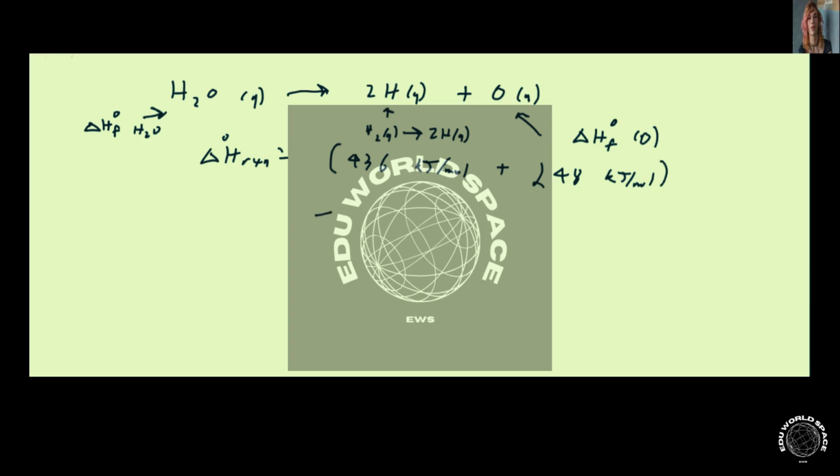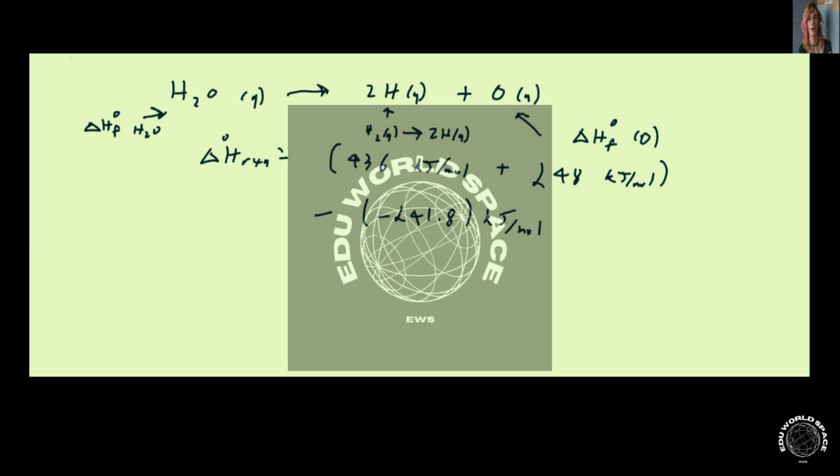Then we're going to subtract the reactants. And for H2O, the enthalpy of formation was minus 241.8 kilojoules per mole once again.